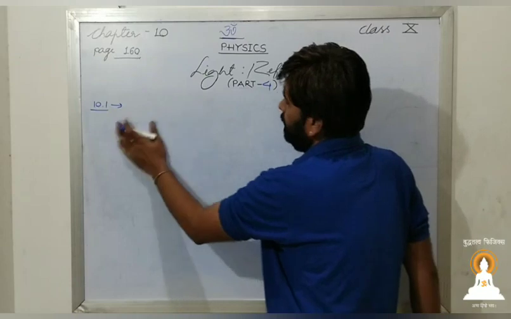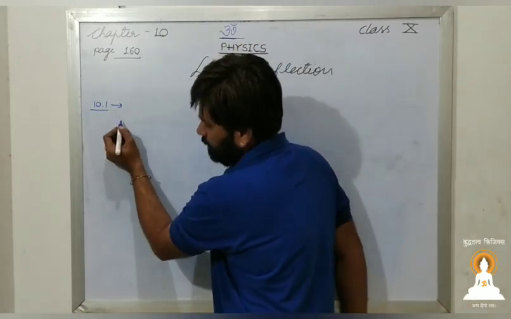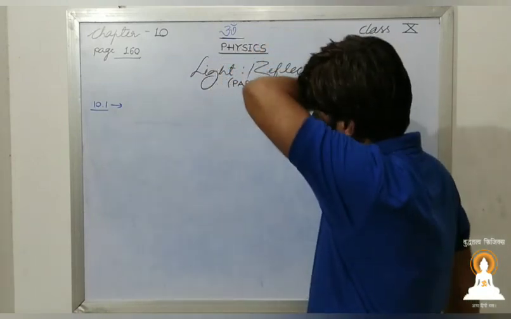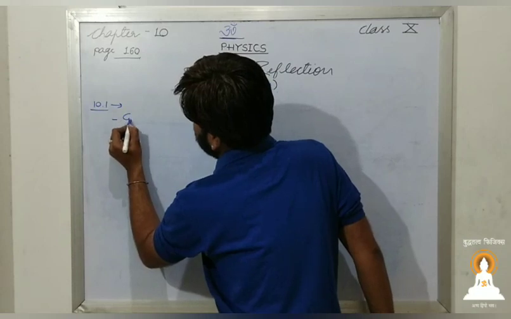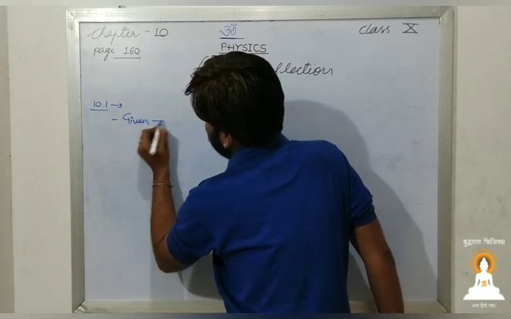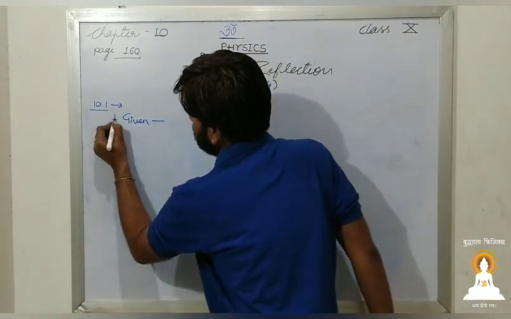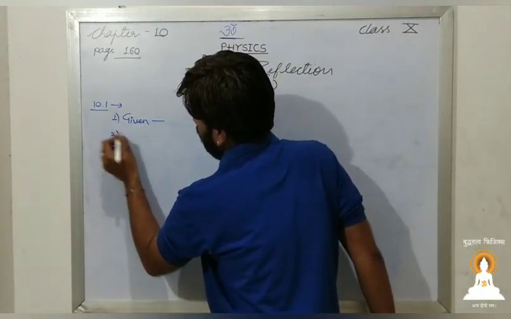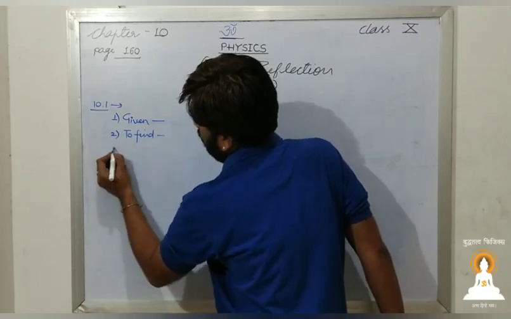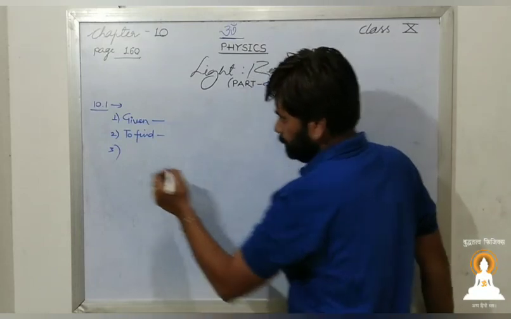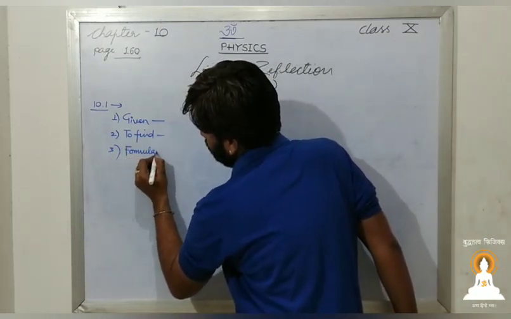Now see, for any numerical, a few things are to be remembered. Very simple. The very first thing: write whatever is given in the question. Second, write what they have asked to find. Third, the formula, if any, which is to be used.